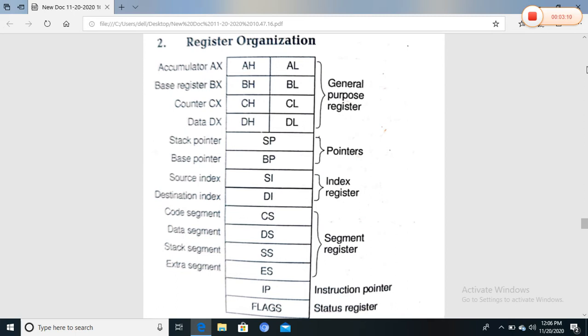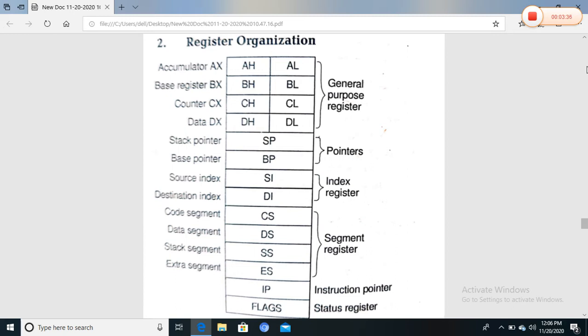When AH and AL are combined, there is one AX register, that is the accumulator register. This is 16-bit. BH and BL are each 8-bit, and when combined we refer to the register as BX. CH and CL are 8-bit, and when combined they are referred to as the counter register, CX.